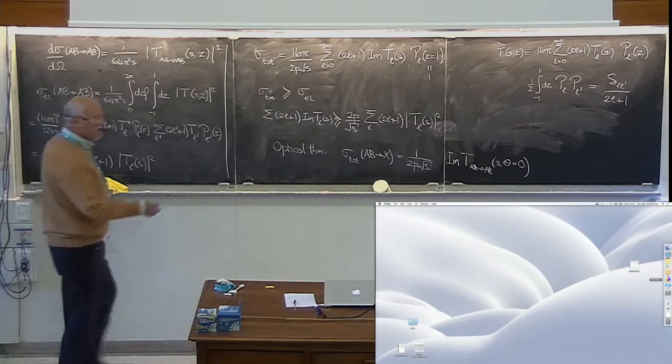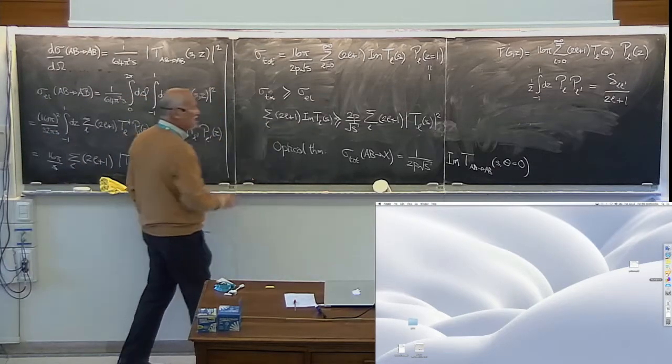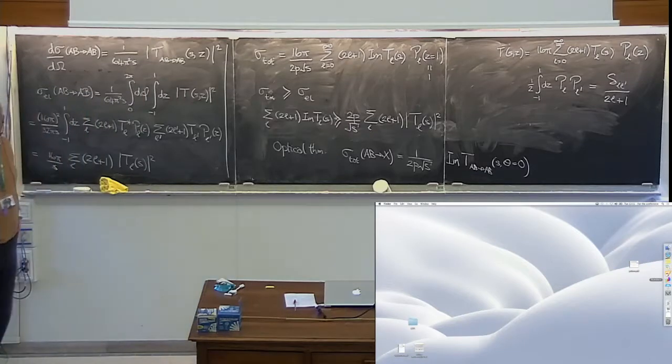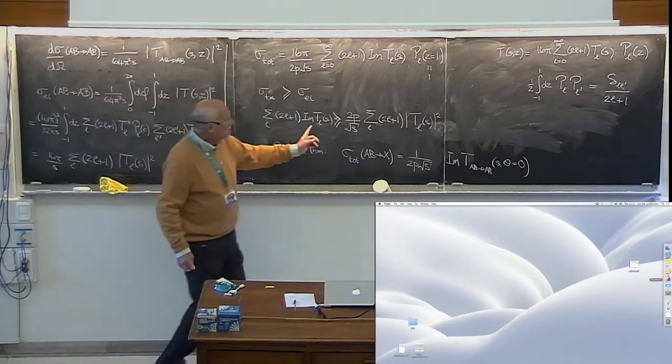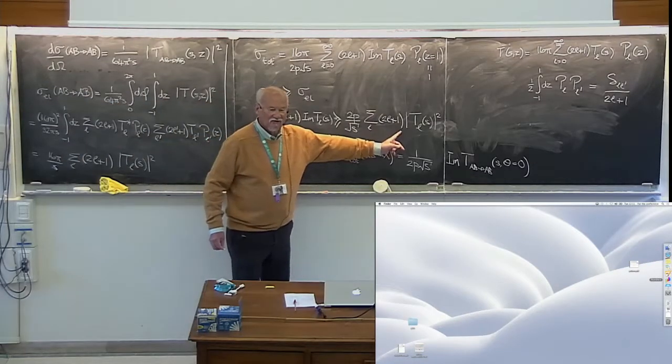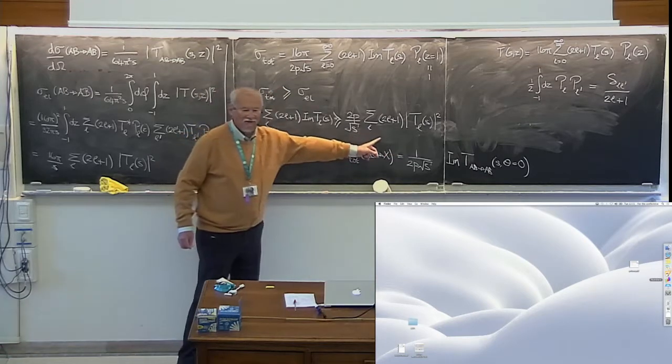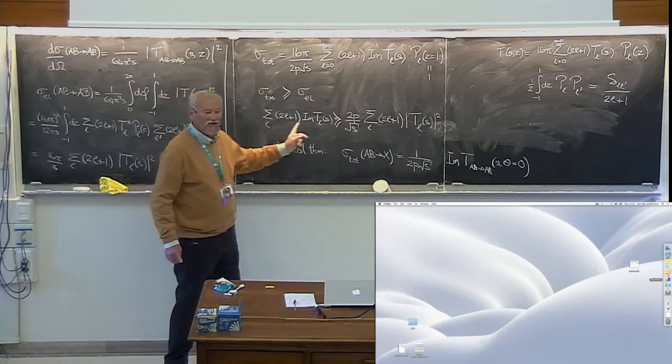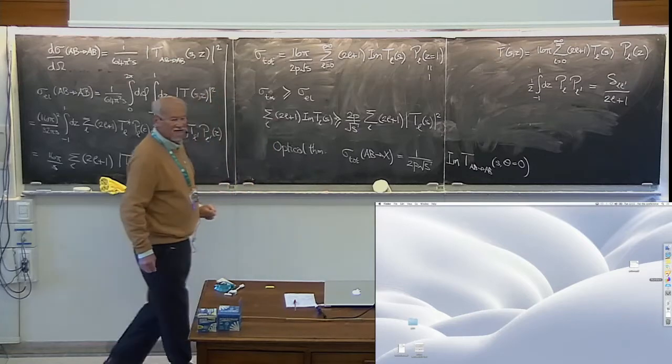Now, if I had taken another half an hour, which I'm not going to, we could then show that this equation holds not just for the sum, but it actually holds for each partial wave separately.